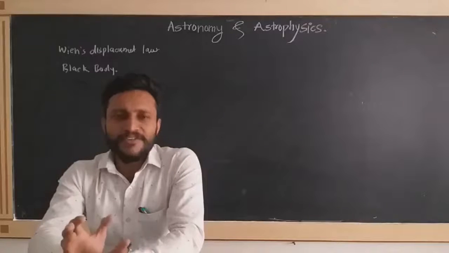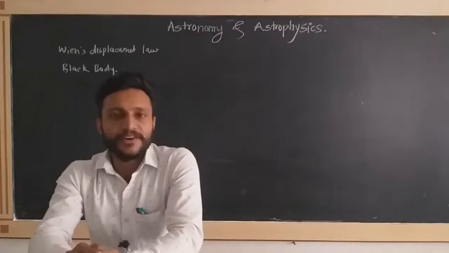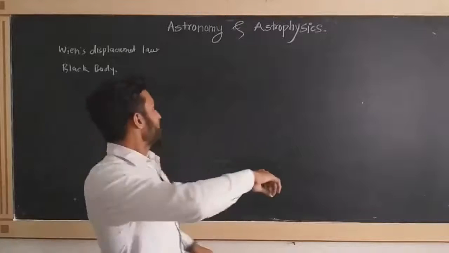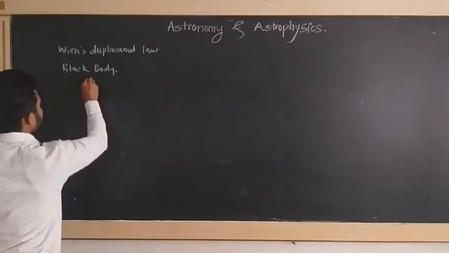So if we plot the graph of intensity versus wavelength of that radiation, we will observe the black body radiation curve.